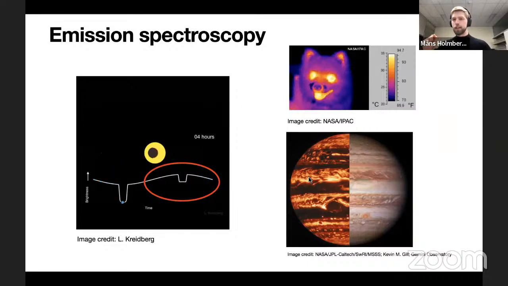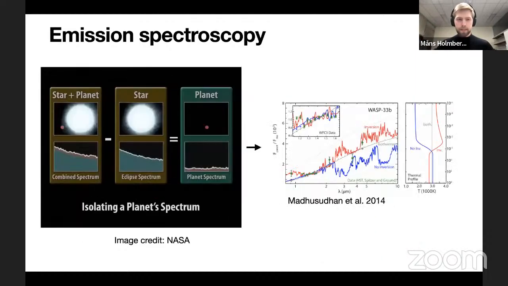So the difference in geometry is that instead of observing the star when it is in front of its host star, we measure it when it's on the backside. One way of doing this is to take a picture when the, so it's shown here on the left side. You have the star, you have the planet going back.